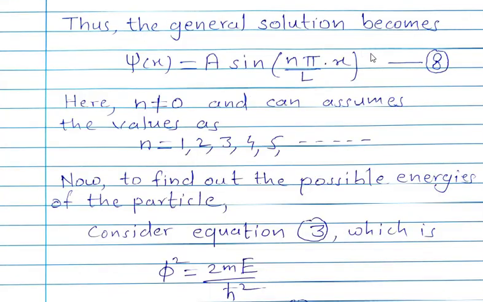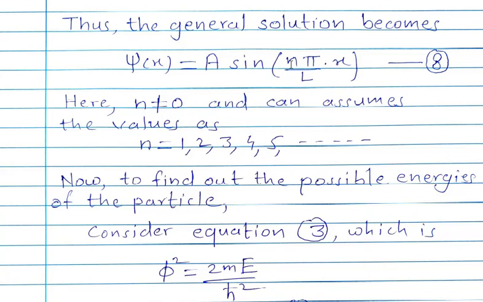In the general solution, we can substitute the value of n pi by L in place of phi, and hence the general solution or the wave function psi of x becomes a into sine n pi x by L, provided that this n should not be equal to 0.